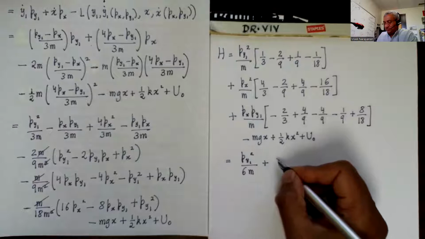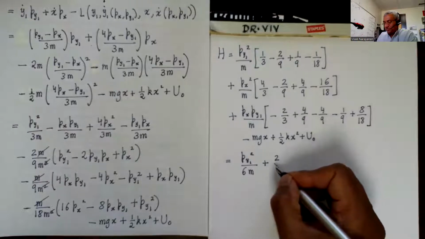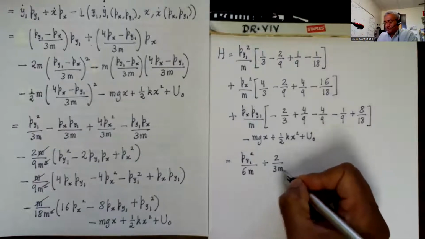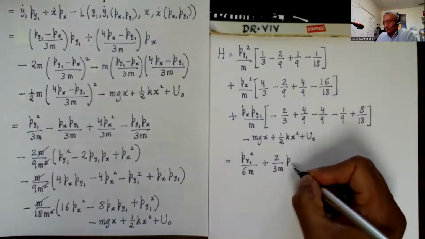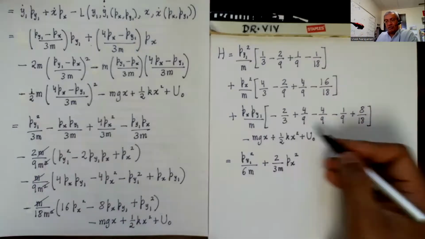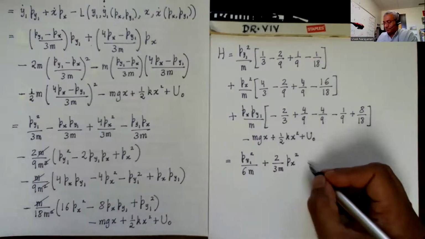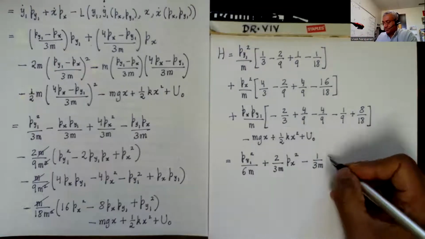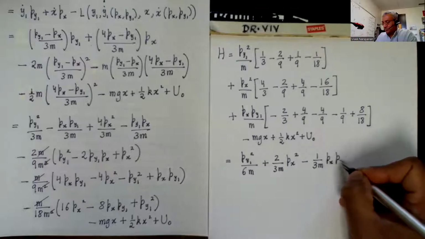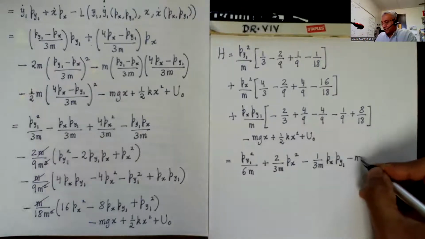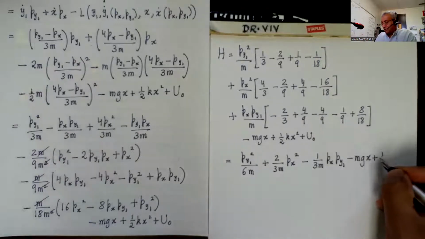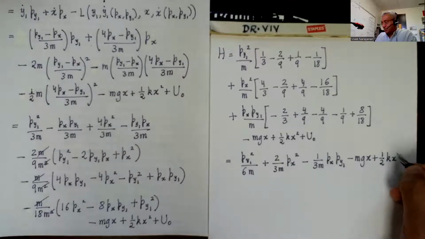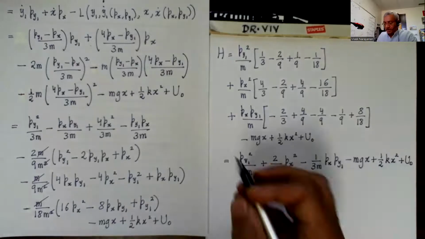And this is 2/3. And that whole thing is 1/3. How about that? We got the Hamiltonian in one line.